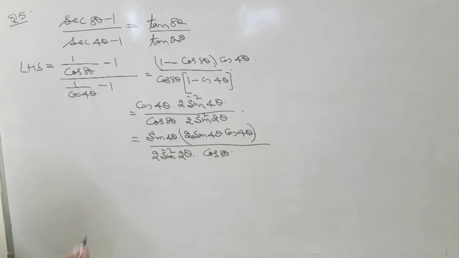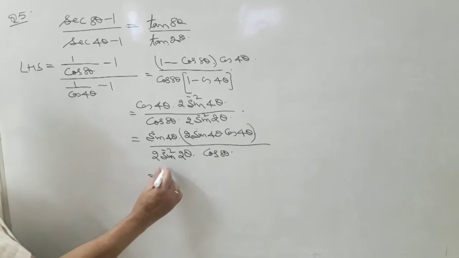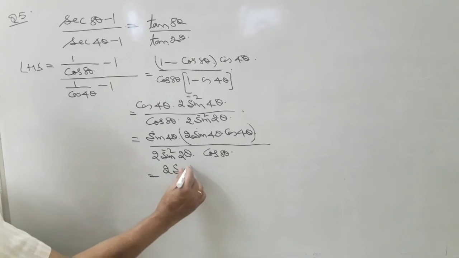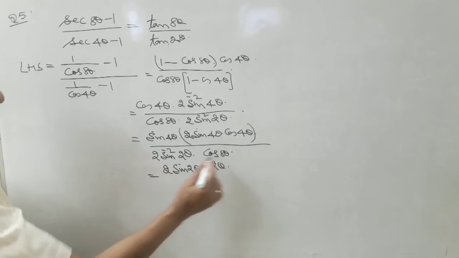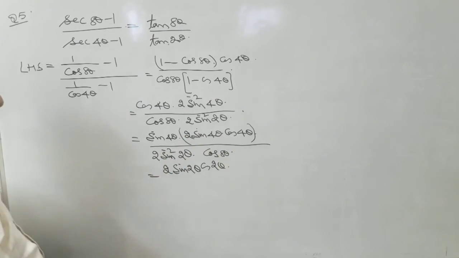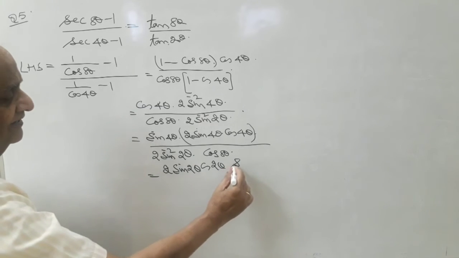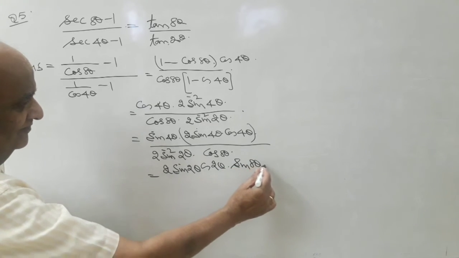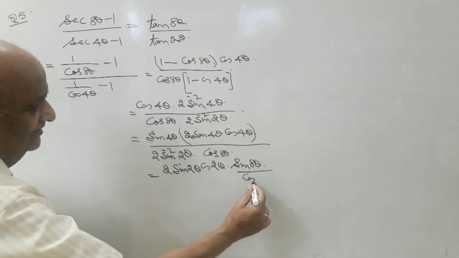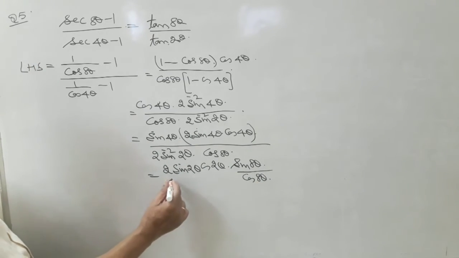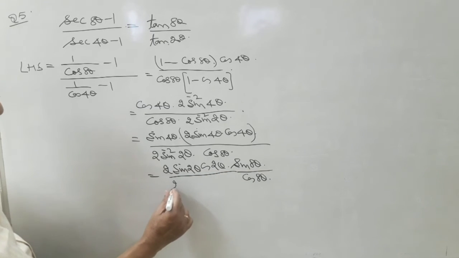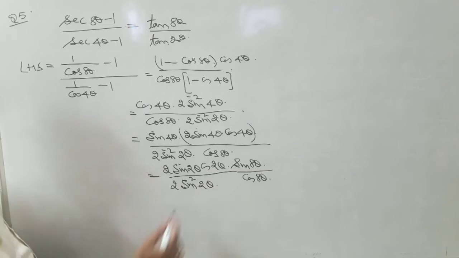Now this sine 4 theta will be written as 2 sine 2 theta cos 2 theta. Now 2 sine 4 theta cos 4 theta is sine 8 theta, and here cos 8 theta, and in the denominator 2 sine square of 2 theta.